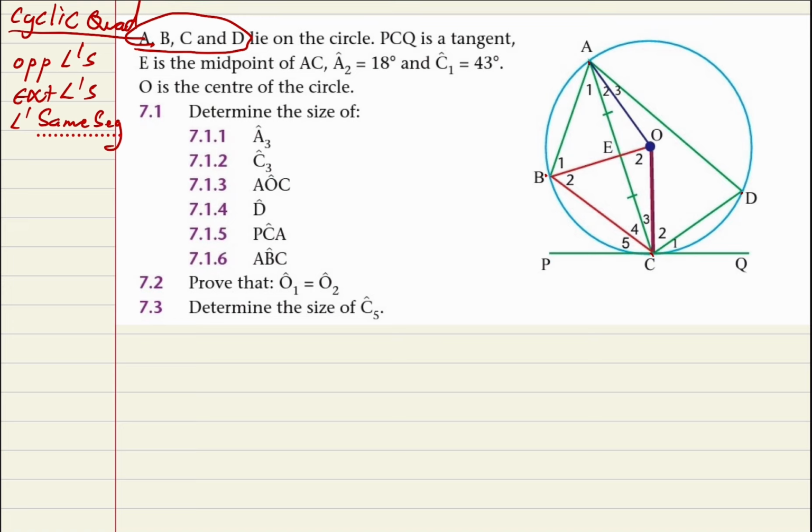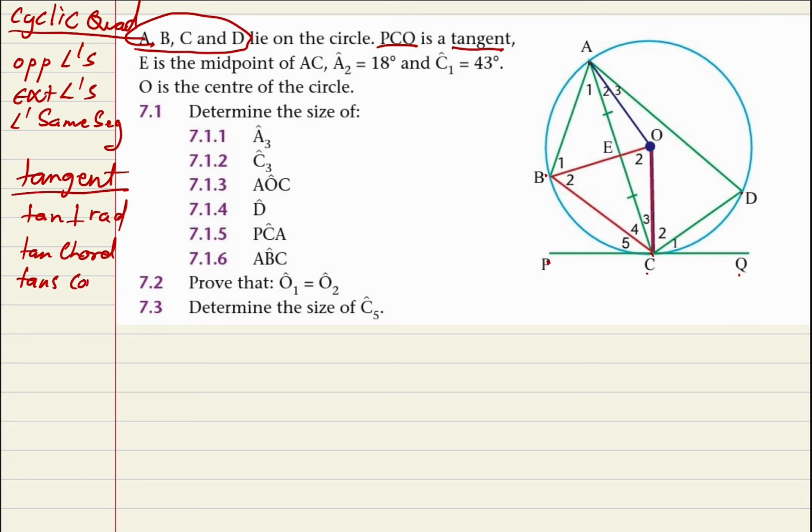They continue and say PCD is a tangent. Now they told us about a tangent. Being a good student, you know that we have a tangent perpendicular to the radius. We have the tan chord theorem. Then we have tangents from a common point.